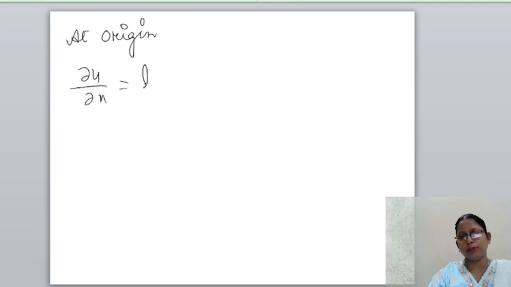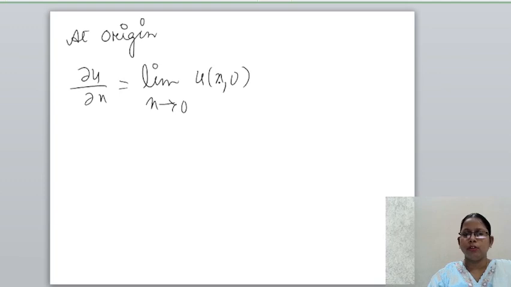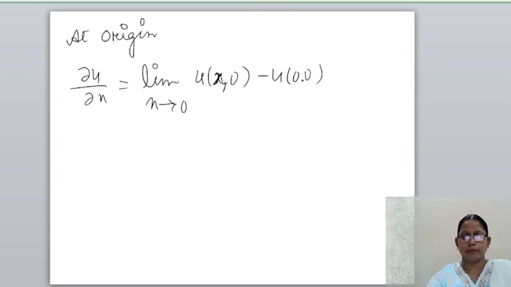By definition we get the limit as x tends to 0 of u(x,0) minus u(0,0), divided by x.